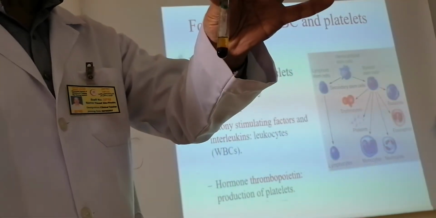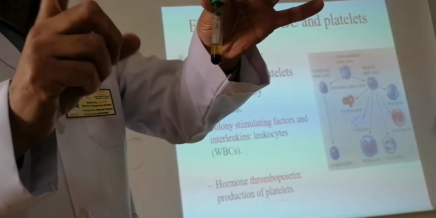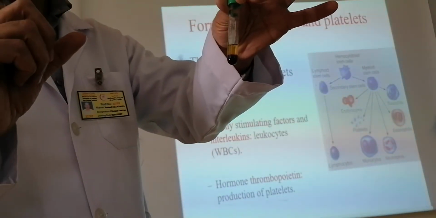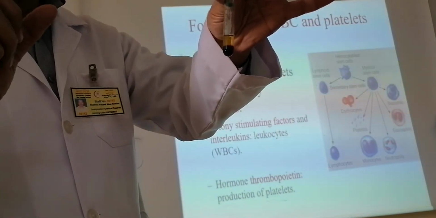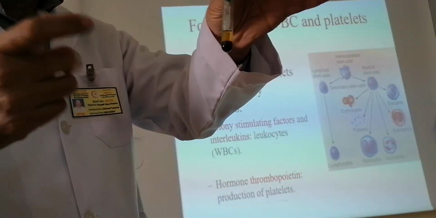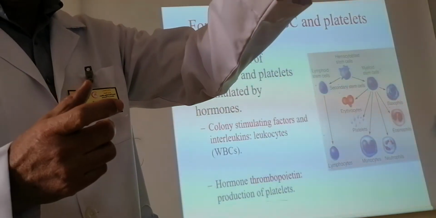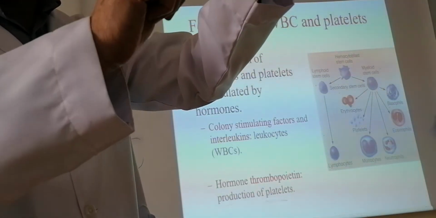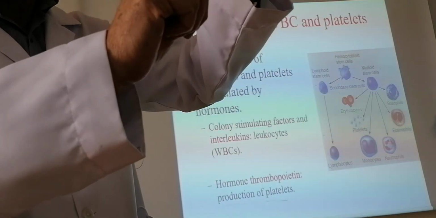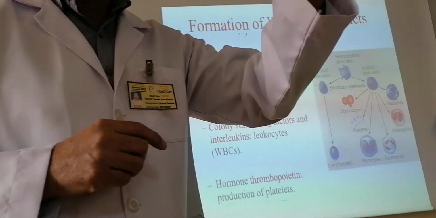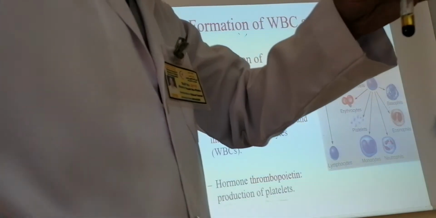But don't move it, because if you move it, it will be mixed, so you will not be able to see anything after that. It will be whole blood. So just hold it like this and you can see the difference between the plasma and the blood cells and the white blood cells. Two tubes are there.